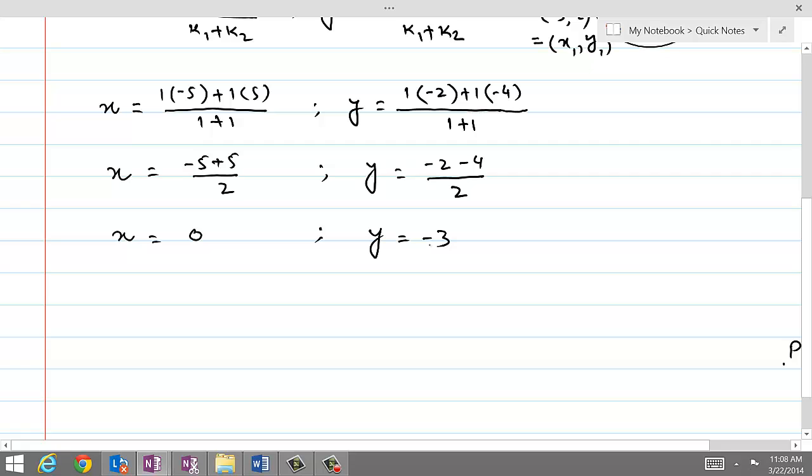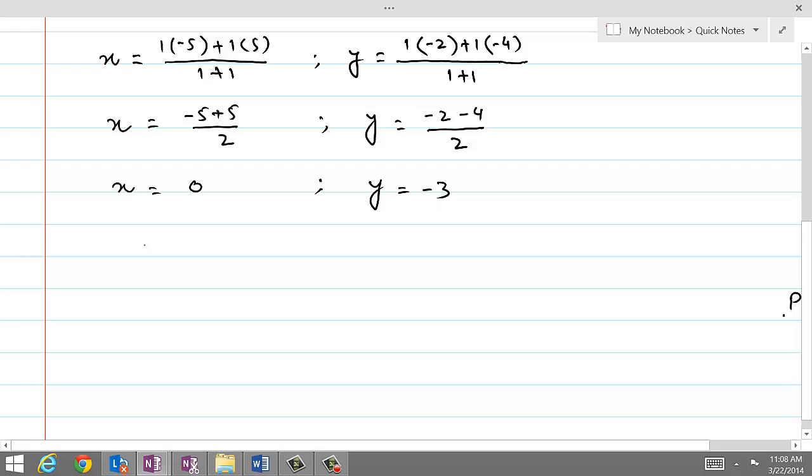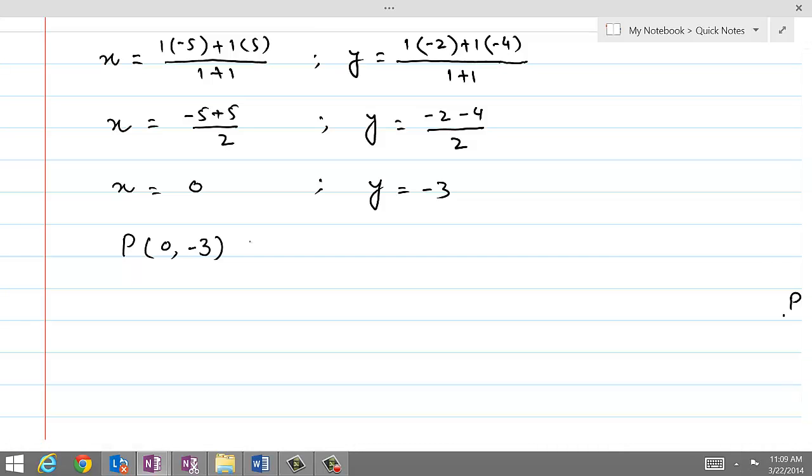So these are the coordinates of the center of the circle, and we can label 0, -3 as the center of the circle. Then we can find the distance on either side for calculating the radius of the circle.